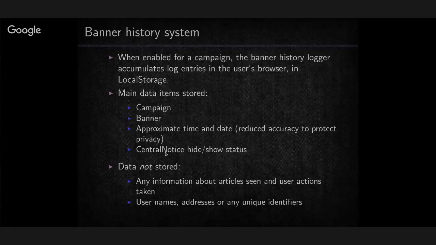So data about what the result of this logic was on this particular page view is also stored in the banner history log. Data not stored: no information is stored about articles seen or user action taken, nothing that can uniquely identify the user, no generated unique IDs either.